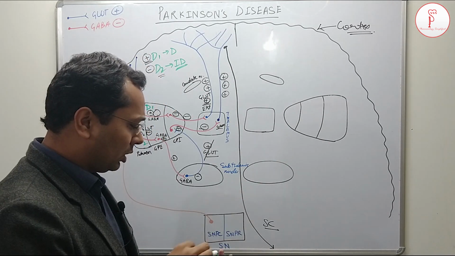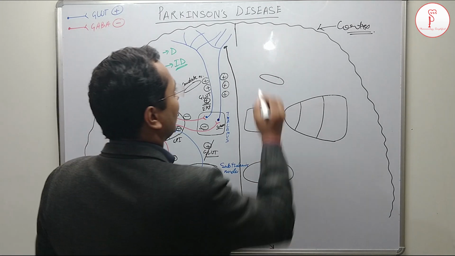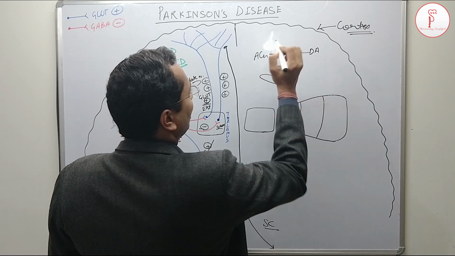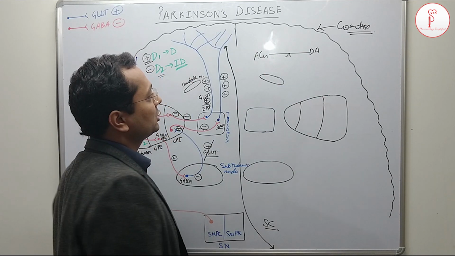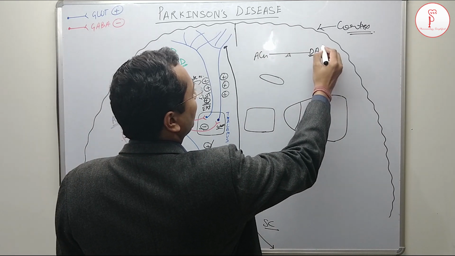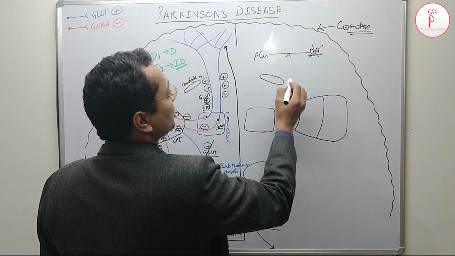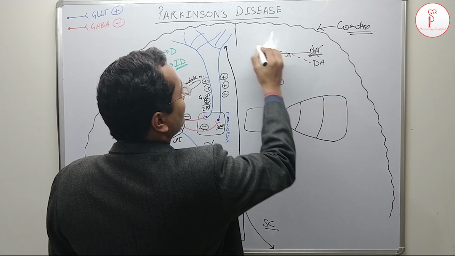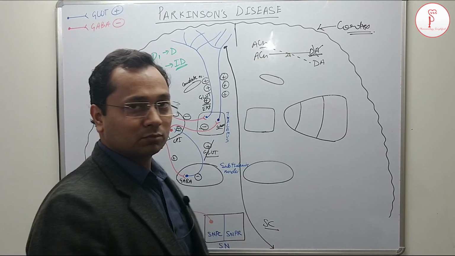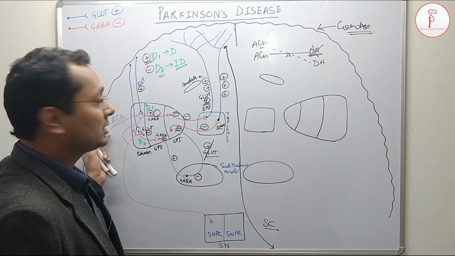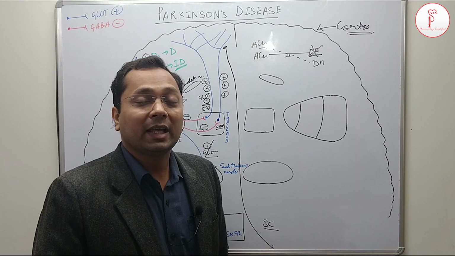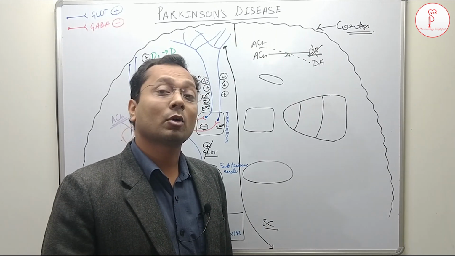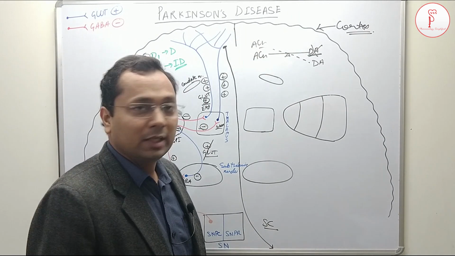So in short, during a physiological state acetylcholine and dopamine are in balance, but since there is destruction of dopaminergic neurons in the substantia nigra, this becomes slightly disoriented. So the actions of acetylcholine become more, and these excessive levels of acetylcholine in the brain lead to tremors and rigidity in the body posture, right? The body posture also gets disrupted.